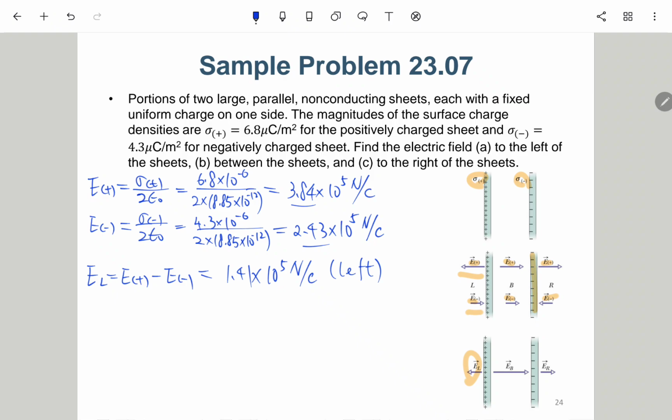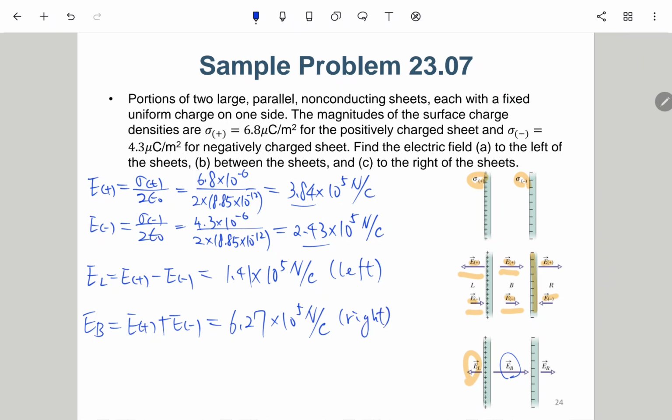And then for the region between, E between is this part. We can see that E plus and E minus point in the same direction, so we have E plus plus E minus, which is 6.27 times 10 to the 5th Newton per Coulomb, and it will point to the right side.